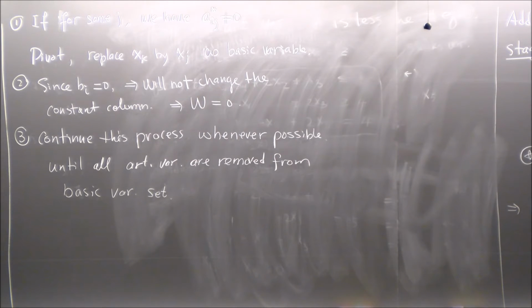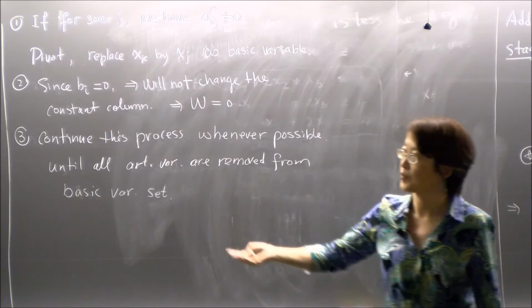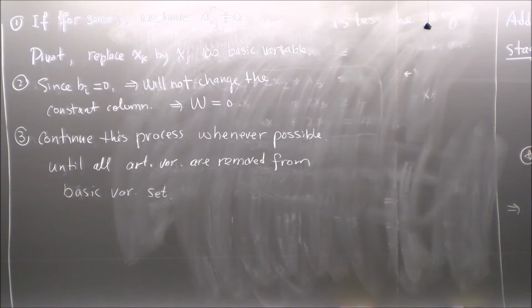And if you succeeded in doing that, then your basic variables will contain only the x from the original problem, and it will be in canonical form. And then you can initiate stage 2 to minimize the z. Then there's no problem, right?